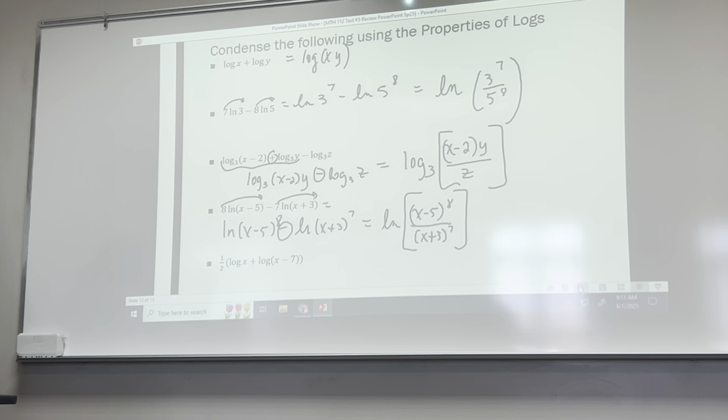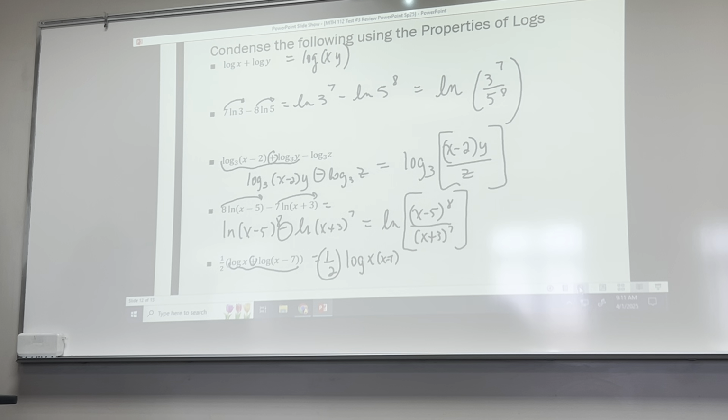Now the next one's a little tricky because that 1/2 is out in front of the parentheses, right? So let's do inside first. So inside, that's a plus, so that's product rule, isn't it? So that would be 1/2 times log of x times x minus 7. Everyone agree?